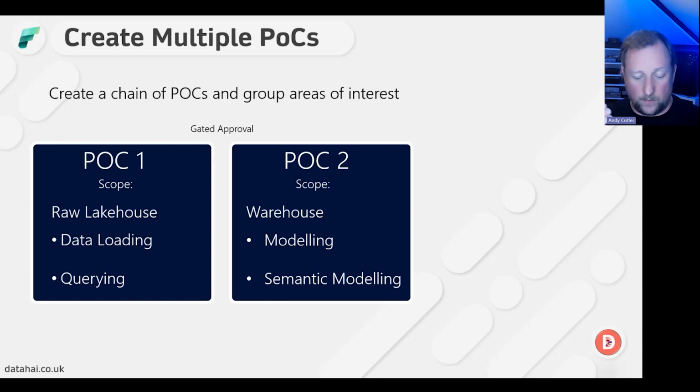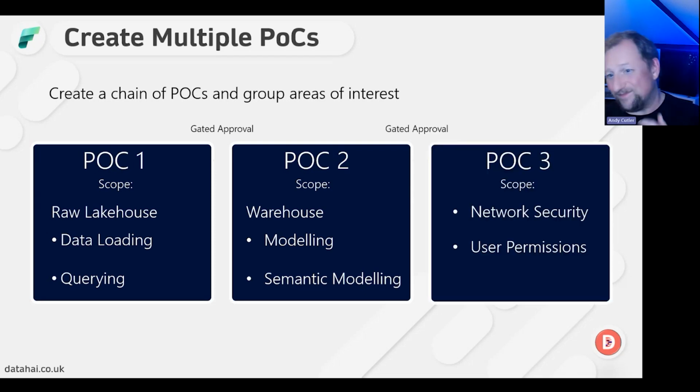And now this is about the warehouse service and about modeling, let's say, a star schema, facts and dimensions, and delivering a semantic model. And then another proof of concept could be how you're locking down your Fabric environment, what permissions you're putting on your items that support your organization's requirements.